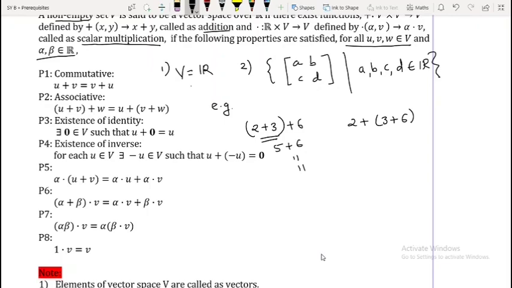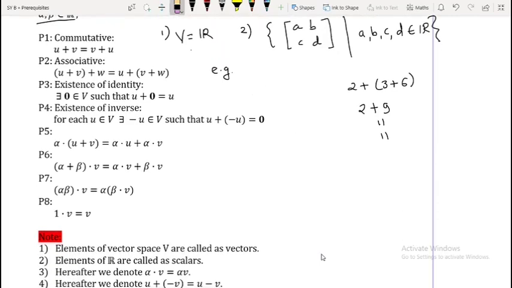And what about this one? It will be 2 plus 9, that is also 11. So you can easily see that the associative property is satisfied for 2, 3 and 6. Such a property should be satisfied for all the elements u, v, w of V.